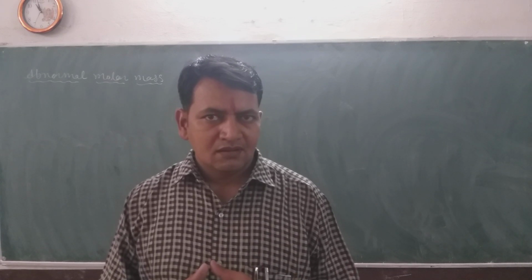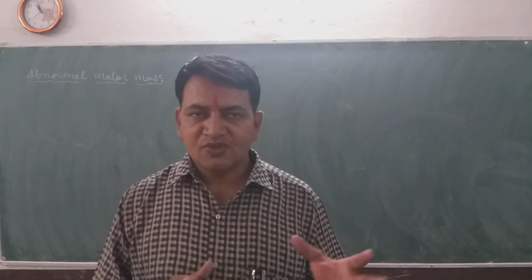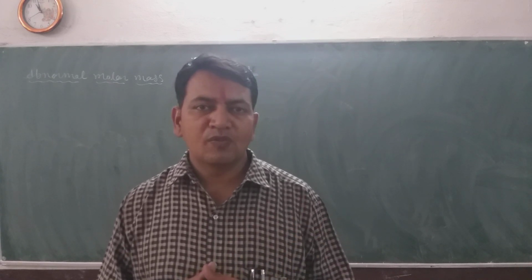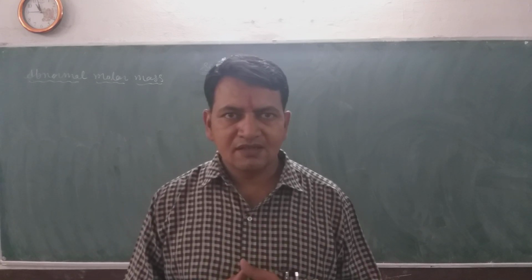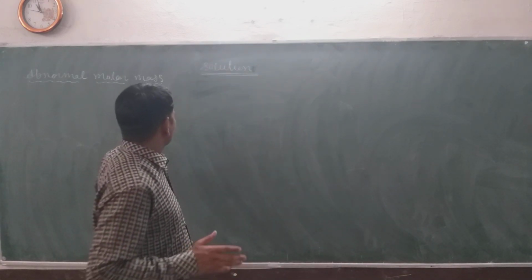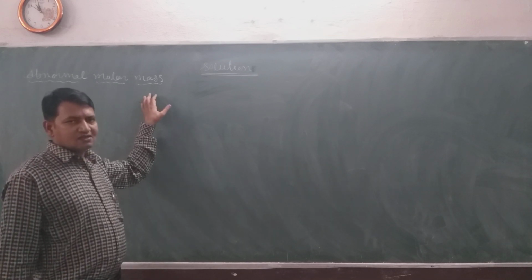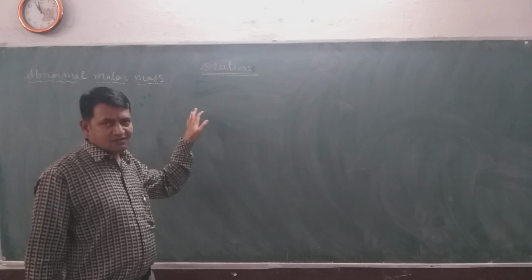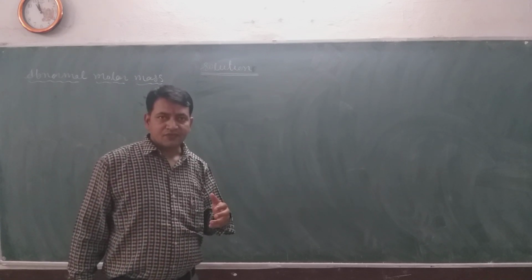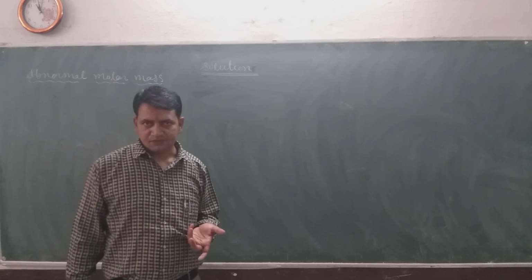Then they found a difference between the observed value and the normal value of molar mass of solute. Due to that, scientists have given the term abnormal molar mass. Why is it called abnormal molar mass? Because this molar mass is different from the ideal molar mass, or we can say normal molar mass.